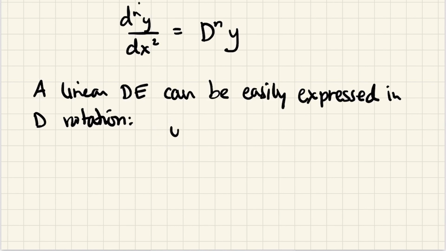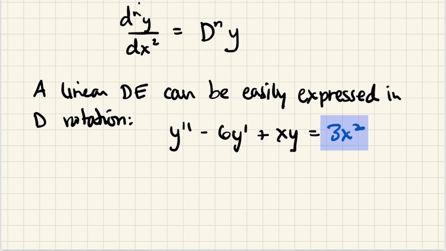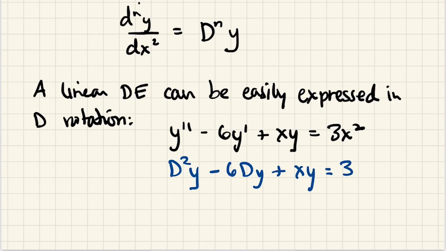For example, if we have y double prime minus 6y prime plus xy equaling 3x squared, which, by the way, is non-homogeneous, we could write this as D squared y minus 6 times Dy plus xy equaling 3x squared. Writing it this way allows us to factor the y out of the left-hand side.